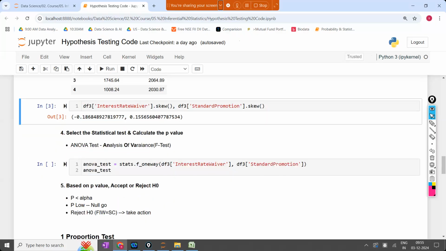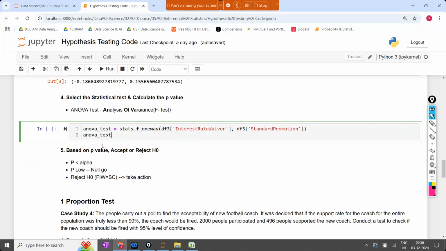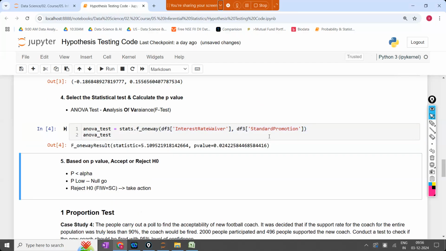So here, both the columns are normally distributed. Now you can apply the ANOVA test. What ANOVA tests do you have? ANOVA test is nothing but the F test. So I'm applying the F test by considering both the columns. I'm keeping both the columns in the F test, and here the p-value I have got is 0.02.